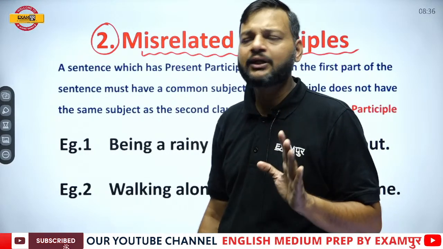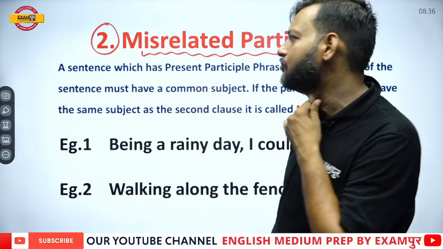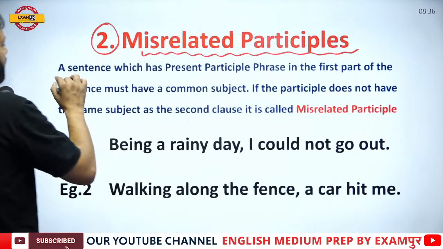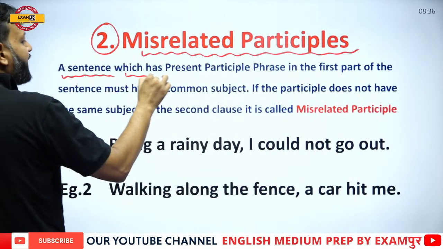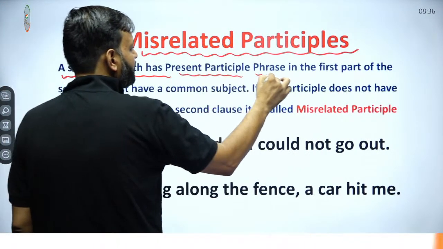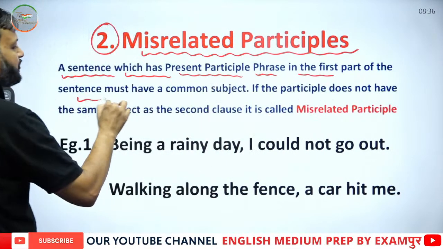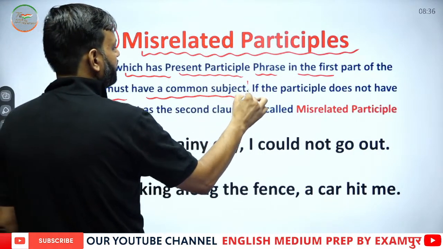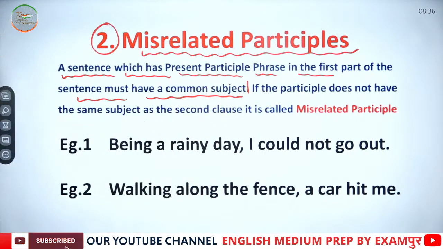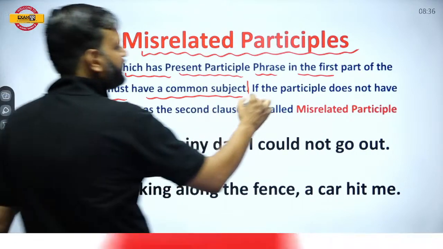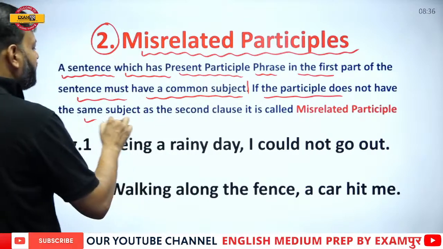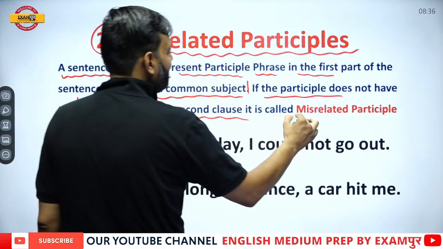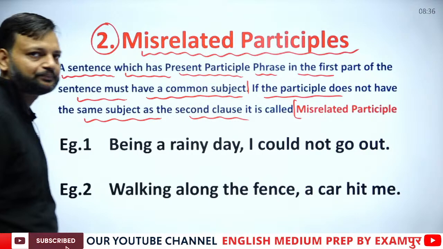The second question is misrelated participle. Now what is a misrelated participle? A sentence which has a present participle phrase in the first part must have a common subject. If the participle does not have the same subject as the second clause, it is called a misrelated participle.